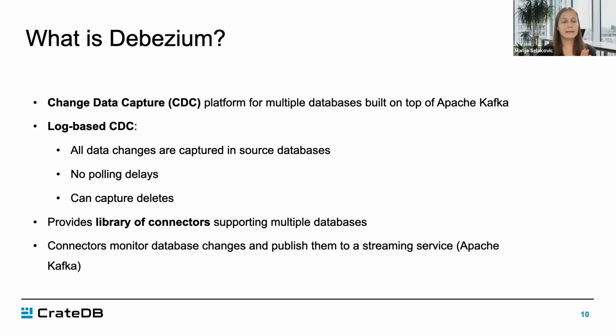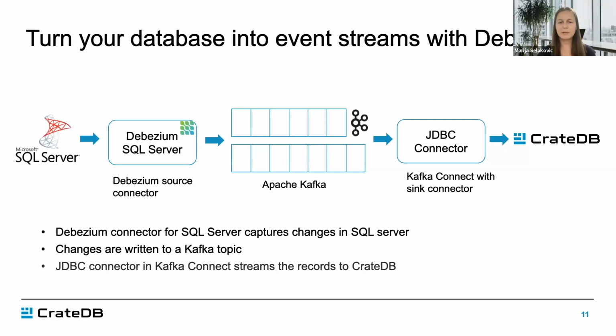Debezium has a lot of connectors that support multiple databases. We will see how it works with the example of CrateDB and an instance of SQL Server. In general, it monitors database changes and publishes them in a streaming service, in this case, Apache Kafka.